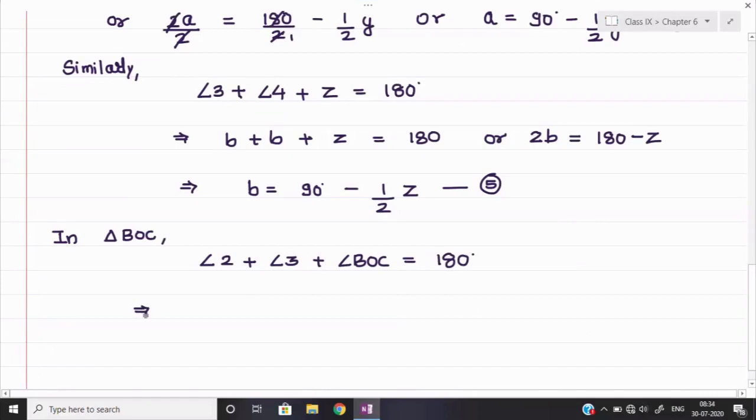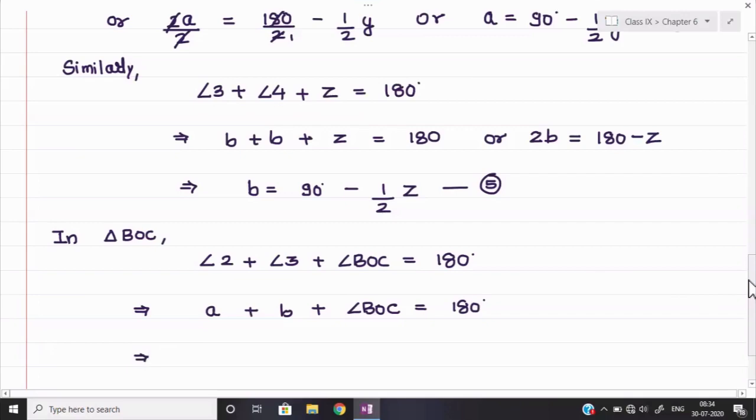Now angle 2 will be equal to here A, angle 3 will be equal to here B, plus angle BOC we shall keep as it is, because it is required in the same manner in the answer. Okay. Now the values of A and B, 2 and 3, I kept. This is with the help of which equation?